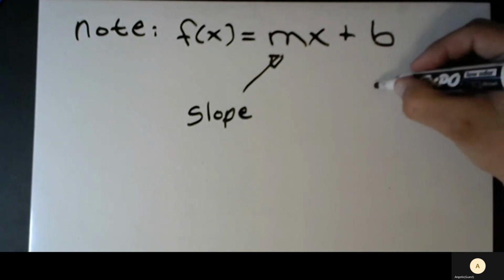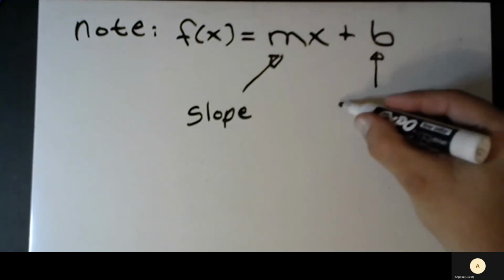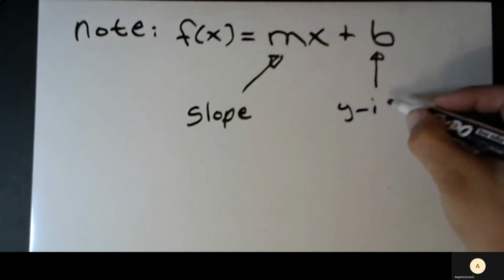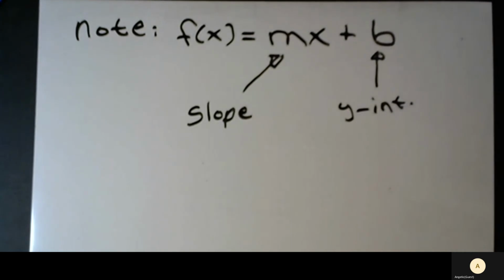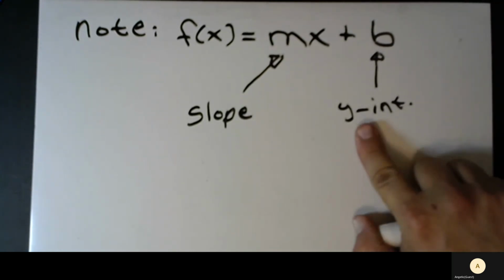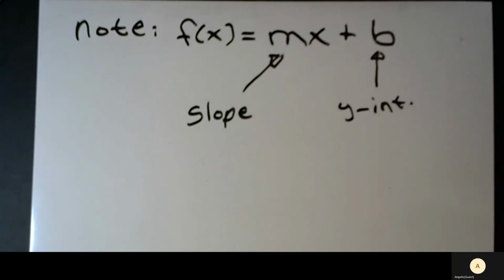And then this number, the constant number by itself, that is the y-intercept. Now, the bad news is the x-intercept isn't as obvious. But the y-intercept, we do get that one up front, which is kind of a nice deal.